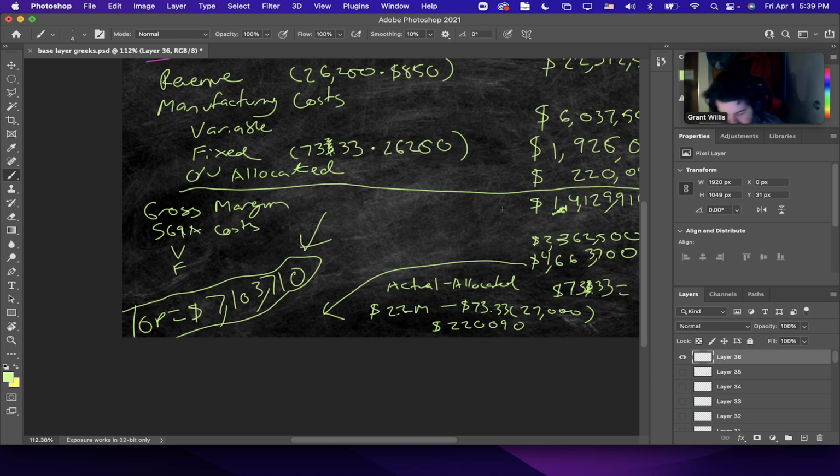I'll explain it really slowly. It is under allocated because we actually incurred $2.2 million for the month, but we allocated less than $2.2 million to cover those costs. Therefore, the actual cost is higher than the amount we allocated, making it under allocated. Okay.